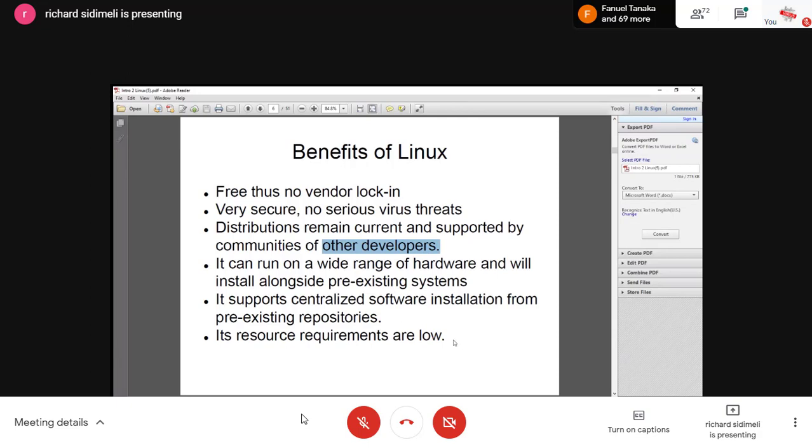Can I ask if there is any problem or question as far as this advantage of Linux is concerned? Is there a problem or a question? Can I proceed?